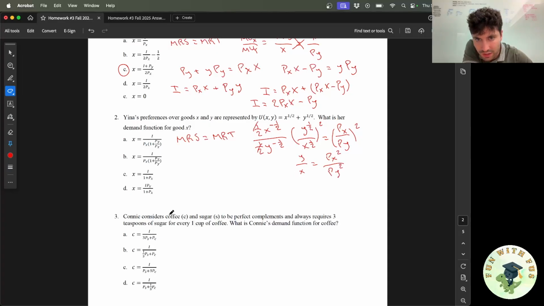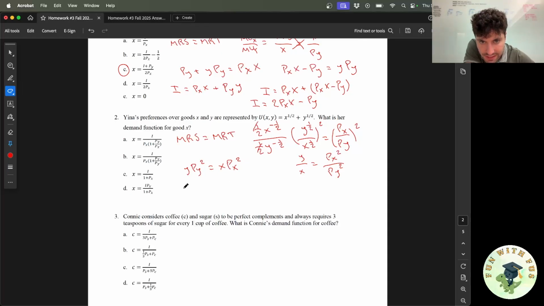And from here, we can do a little cross multiplication. So we get y py squared equals x px squared. And unfortunately, since we have these squares, I don't think we have an awesome trick going on like we did in the last problem.